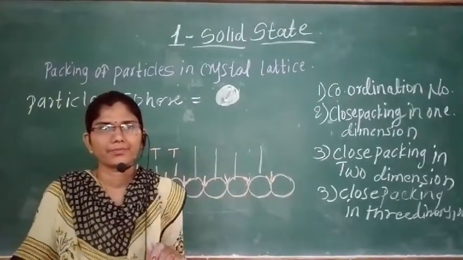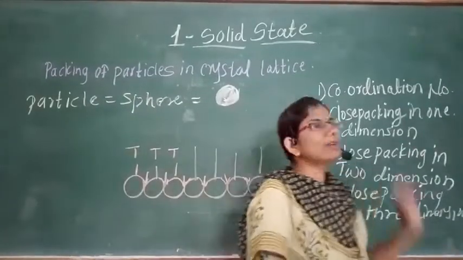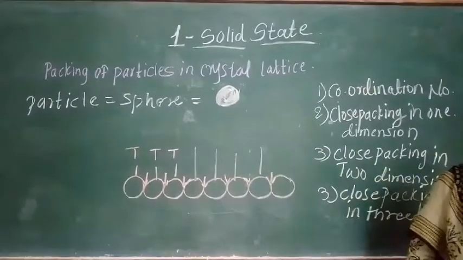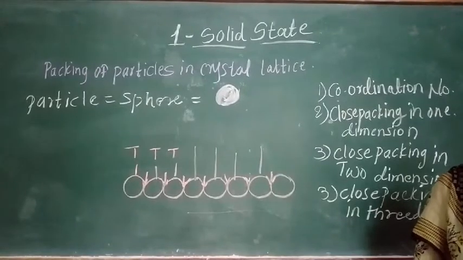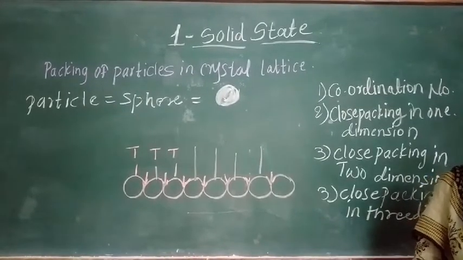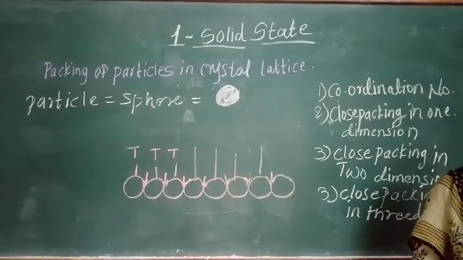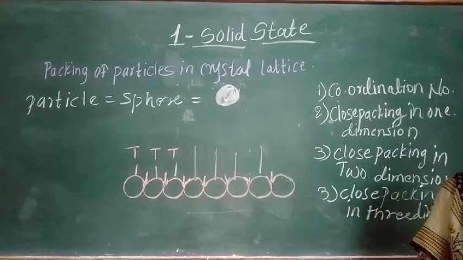But in a close packing in a two-dimensional structure, the structure results from the stacking of rows together so that they are in contact with each other.